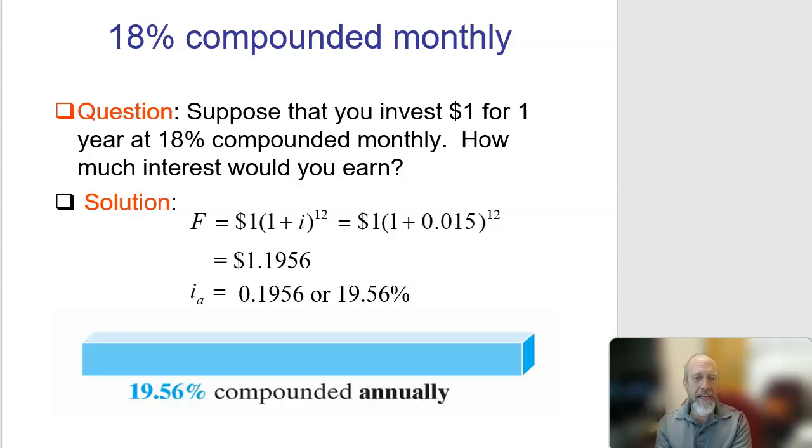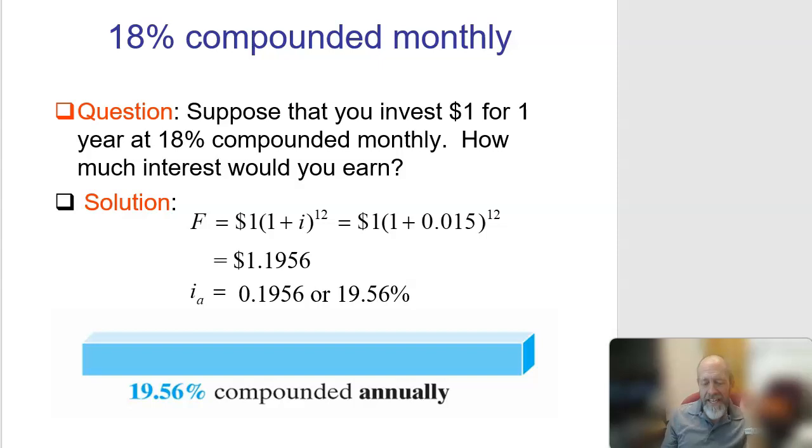You're actually paying more than 1.18. It's 1.1956. Yep, that is the case. So the reality is 18% compounded monthly is the same as a 19.56% real interest rate compounded annually.